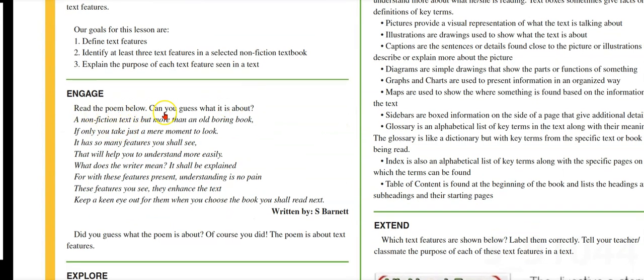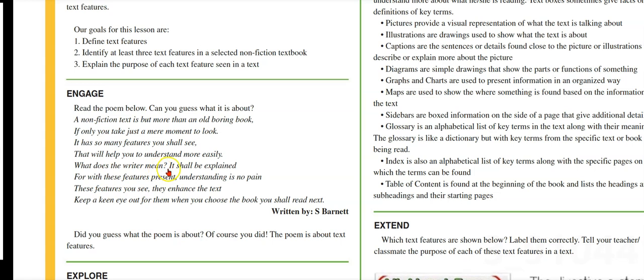Read the poem below. Can you guess what it is about? A non-fiction text is but more than an old, boring book. If you only take just a mere moment to look, it has so many features you shall see that will help you to understand more easily.